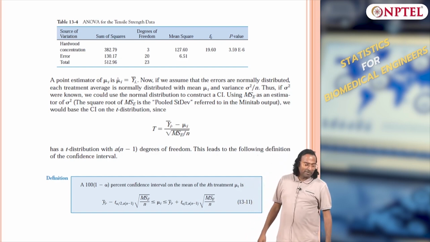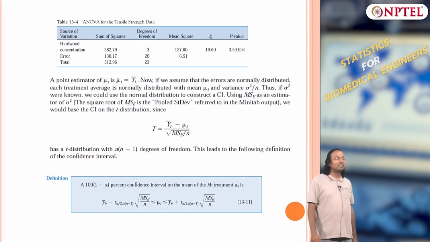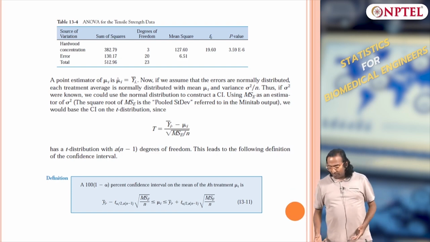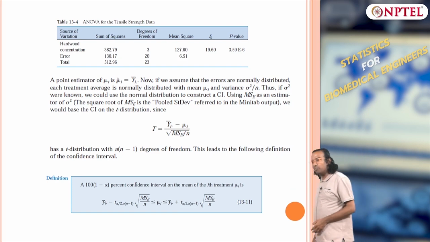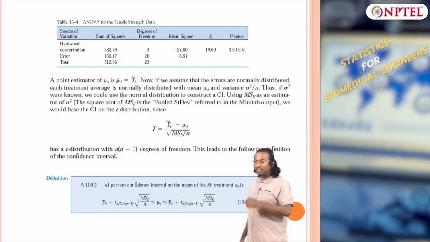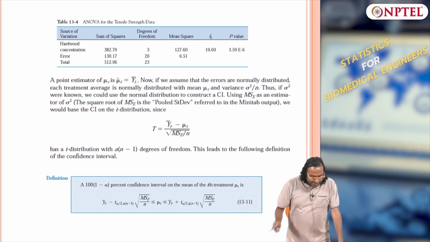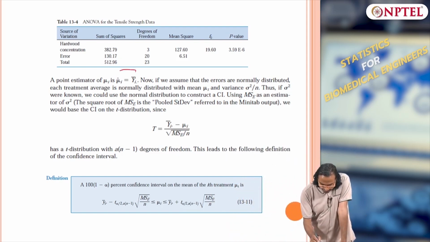So, we need an estimator of treatment mean, right. The estimator of treatment mean is what? Yi dot bar. For each treatment, yi dot bar is a point estimator of mu i.